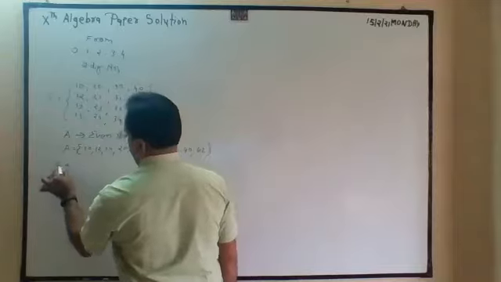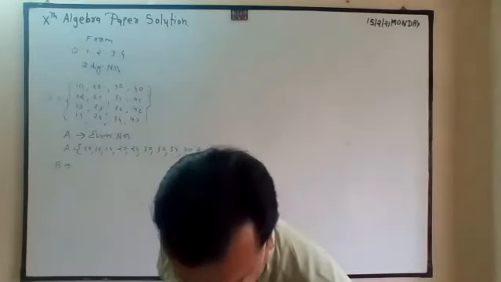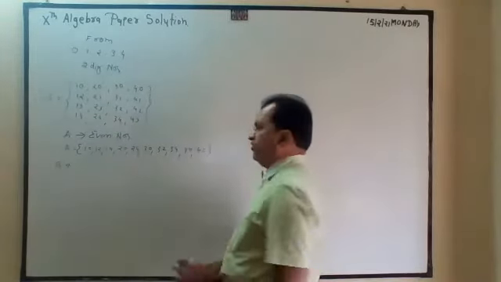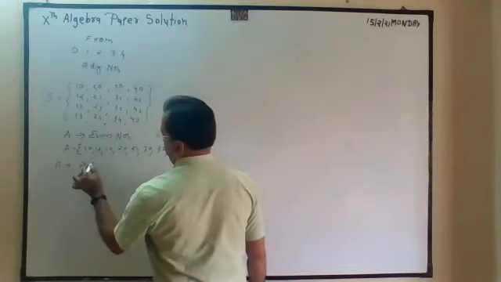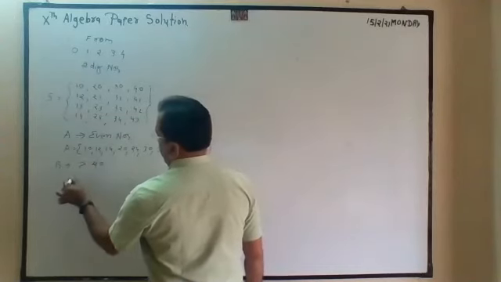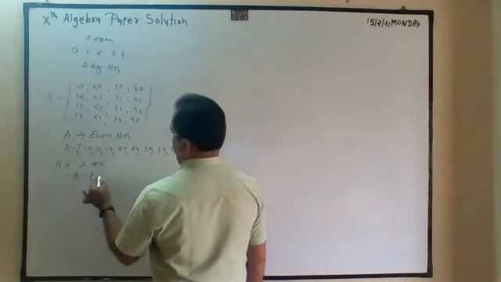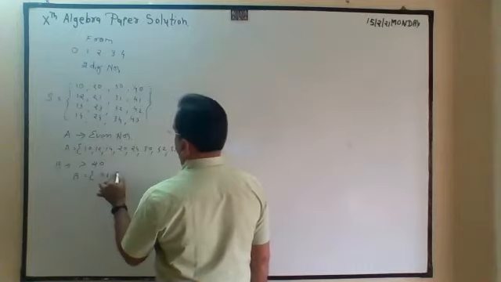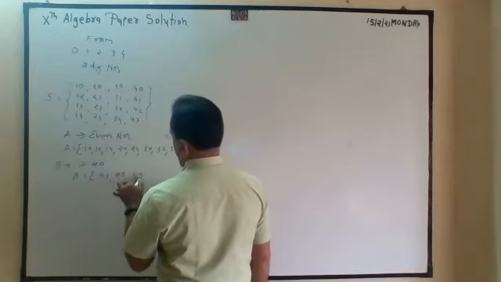Now B. Condition for B is more than 40. So B: 40, 41, 42, 43.